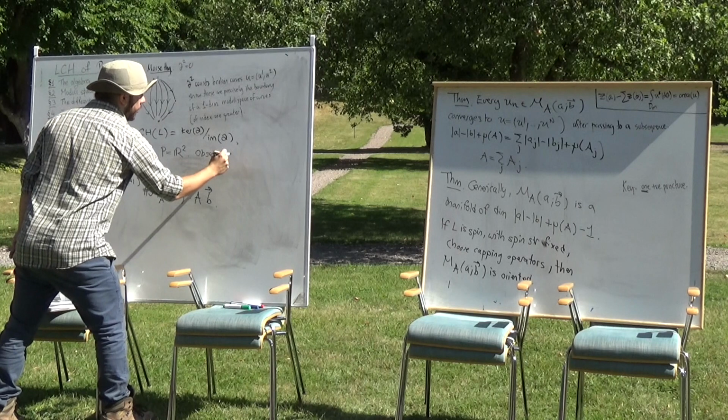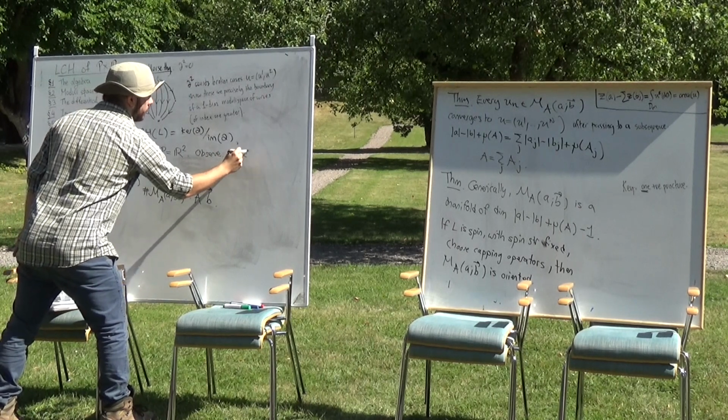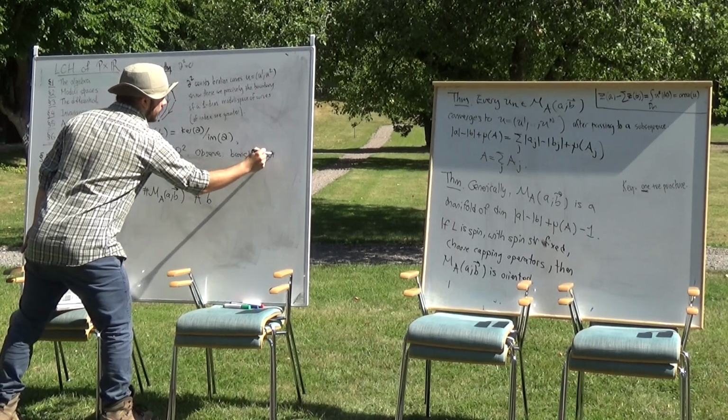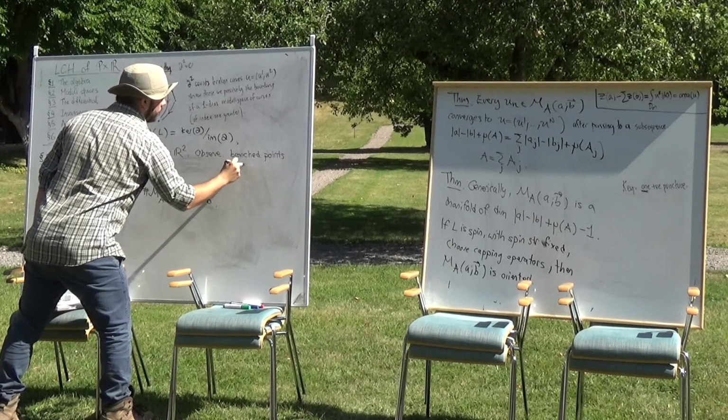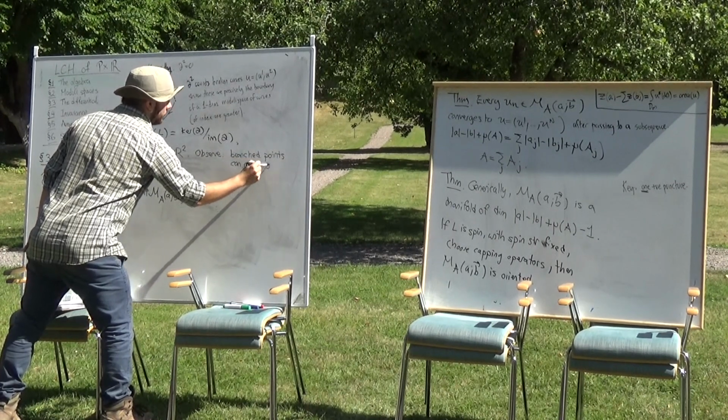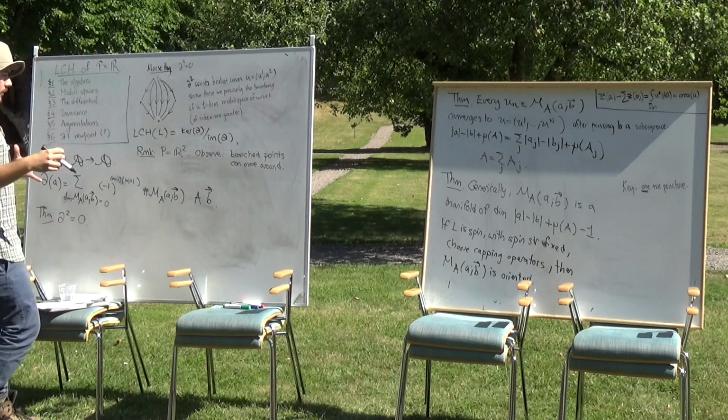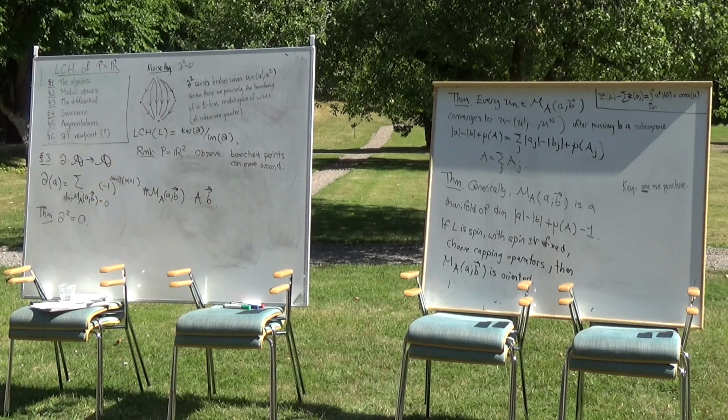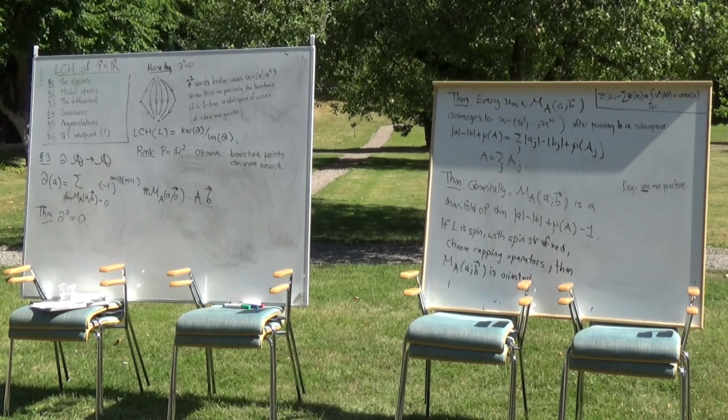Observe that if a disk has a branched point, then branched points can move around. If I have some map of the disk to R2 that is holomorphic and has a branched point, then it will never be rigid, because I can move that branched point around.